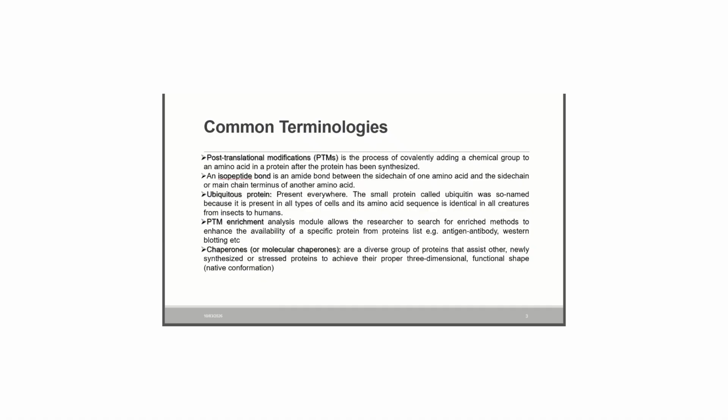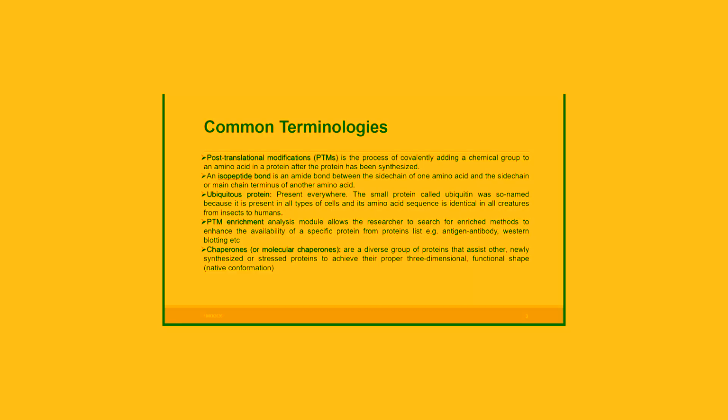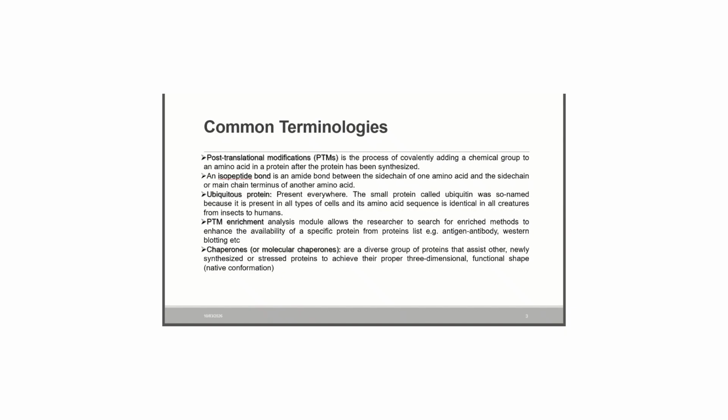Post-translation modification enrichment is a term used for an analysis module, part of the steps of analyzing a post-translation modification of a protein. If you are studying a post-translation modification of a protein, one of the steps of this process is what we call enrichment. It's an analysis module that allows the researcher to search for enrichment methods to enhance the availability of a specific protein from a protein list. For example, you're using antigen-antibody or Western blotting.